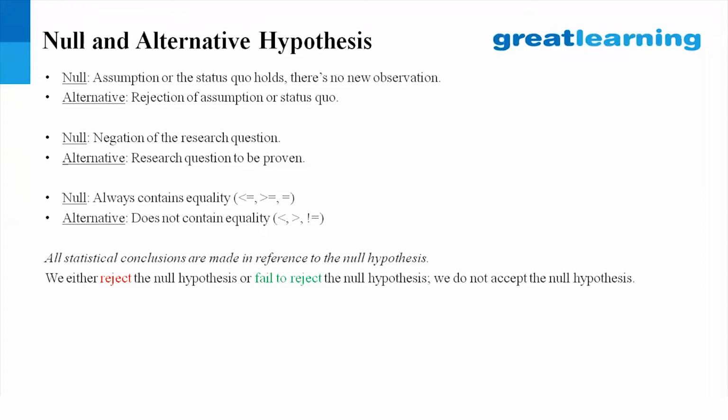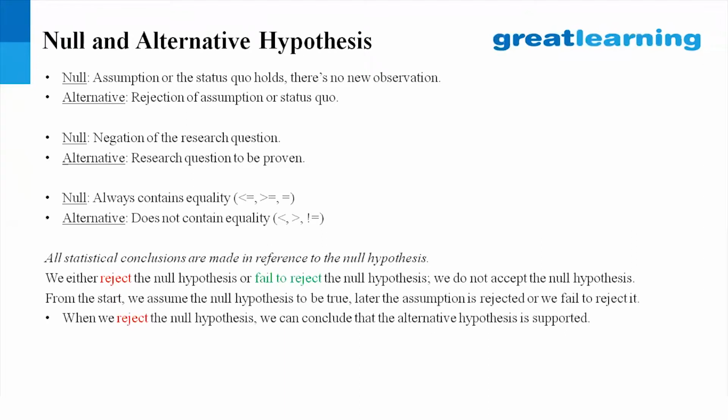Do not say that you're accepting the null hypothesis. Instead, say that you fail to reject the null hypothesis. Once you reject the null hypothesis, since they are mutually exclusive events and opposite of each other, you automatically conclude that the alternative hypothesis is supported.